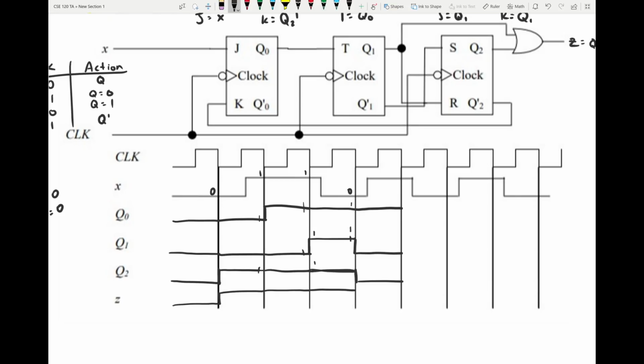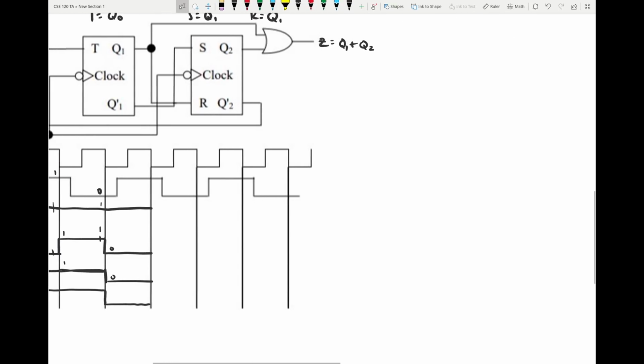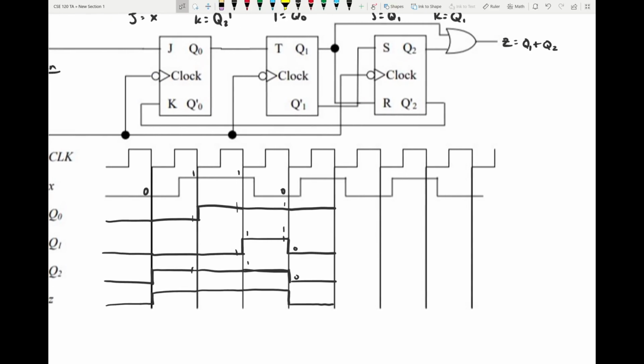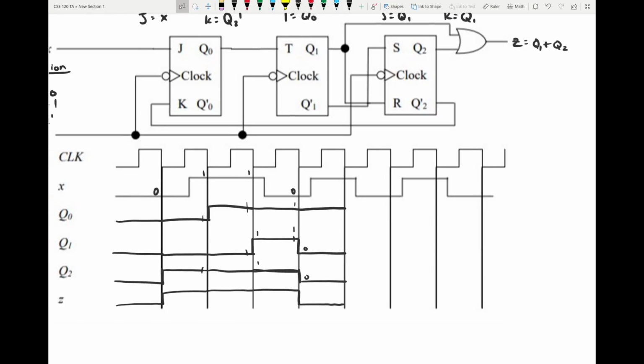Which also means at this instant, since Q1 is a 0 and Q2 is a 0, our Z is also going to become a 0, because we don't have that necessary 1 on either Q1 or Q2 to keep the output Z high. So now we're back down to a 0. So we're getting some interesting behavior. Things are changing around a bit.